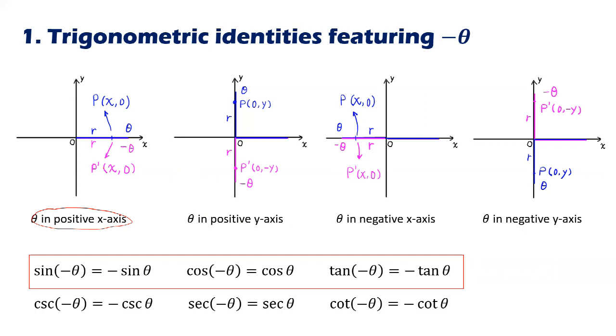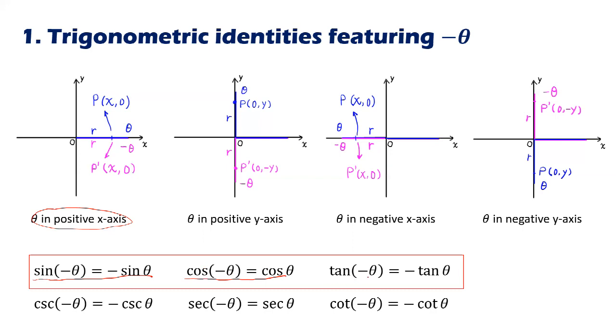So in this case, sine minus theta is simply 0, and sine theta is also 0. So this expression holds true for this case, right? And for this case, cosine minus theta is 1, and cosine theta is also 1. So this expression also holds true for cosine theta.